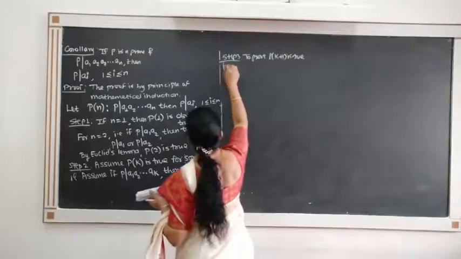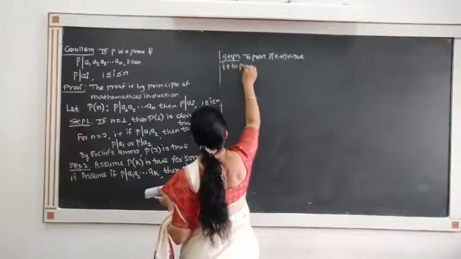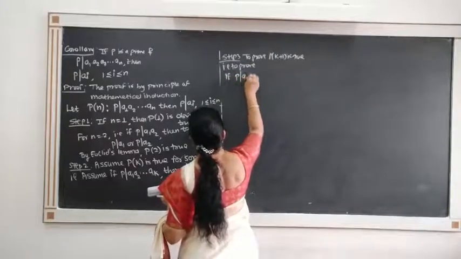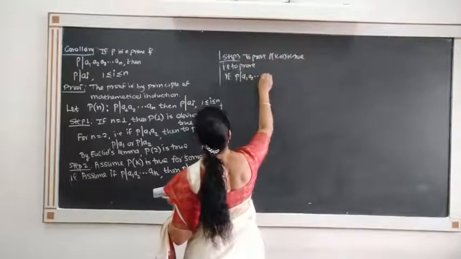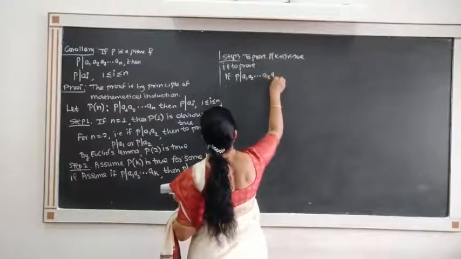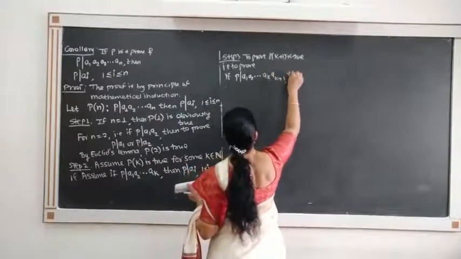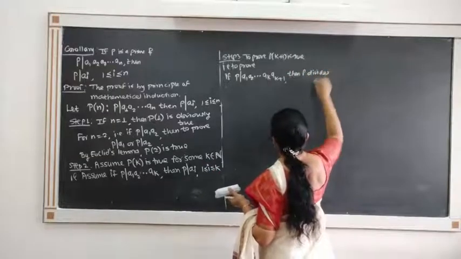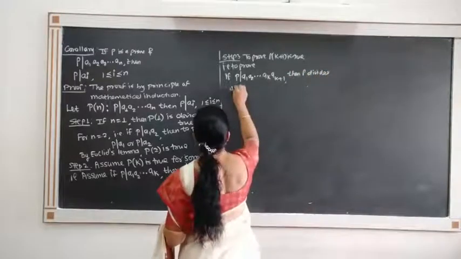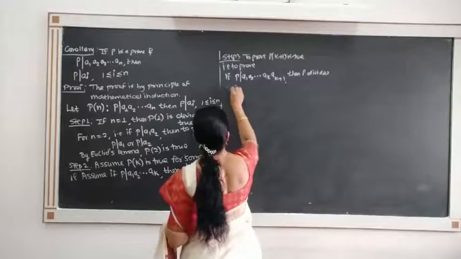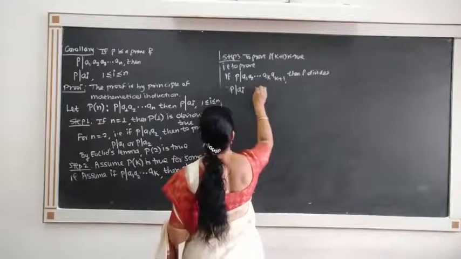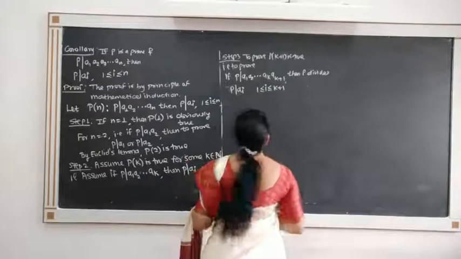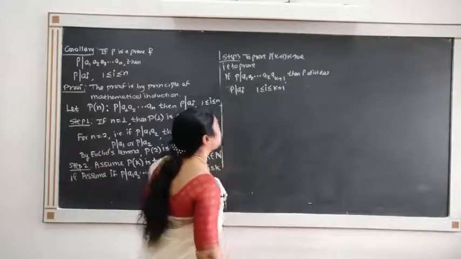That is to prove: if P divides A1, A2, dot dot Ak into Ak plus 1, then P divides at least one, that is P divides Ai, 1 less than or equal to i less than or equal to k plus 1. We want to prove this.